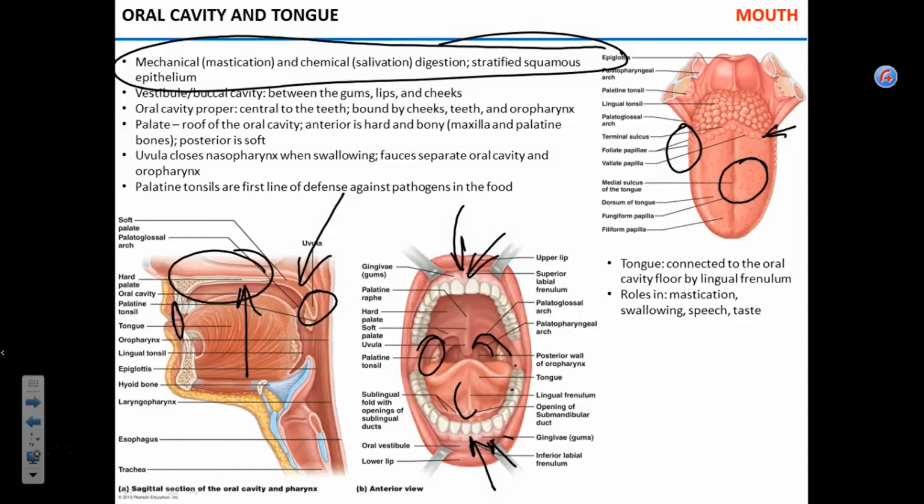Salty taste is mediated entirely by sodium flowing into the taste cells and gustatory hair cells and depolarizing them. Sour taste is hydrogen ions getting into the cells and depolarizing them. And then sweet, bitter, and umami activate second messenger systems of various sorts.